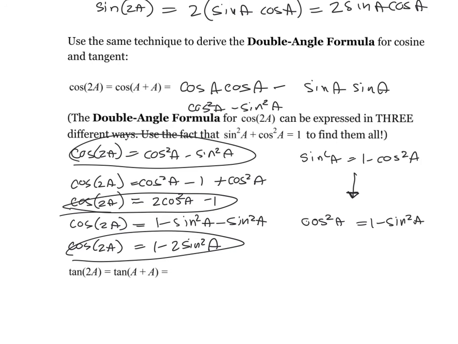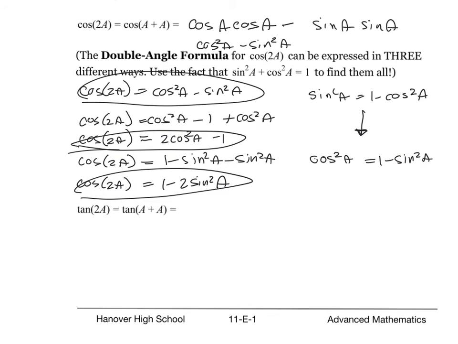The last one is saying, hey, let's do the same thing with tangent. And I've got to tell you, the tangent one, frankly, doesn't thrill me that much, but we're going to put it in here just for completeness' sake. Tan of A plus A, and all I'm doing is writing the angle sum formula for tangent, no biggie.